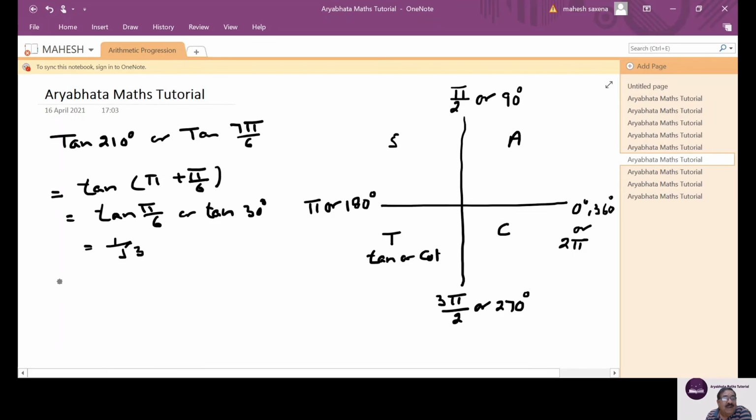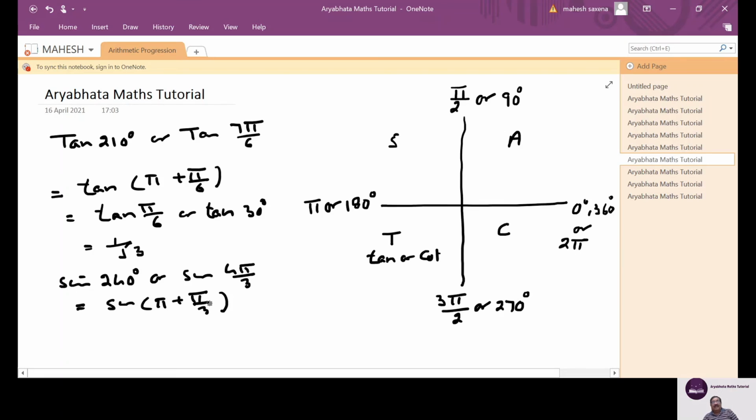Suppose we have to find the value of sine 240 degree, or it can be represented as sine 4 pi by 3. Sine 4 pi by 3 can be represented as sine of pi plus pi by 3.